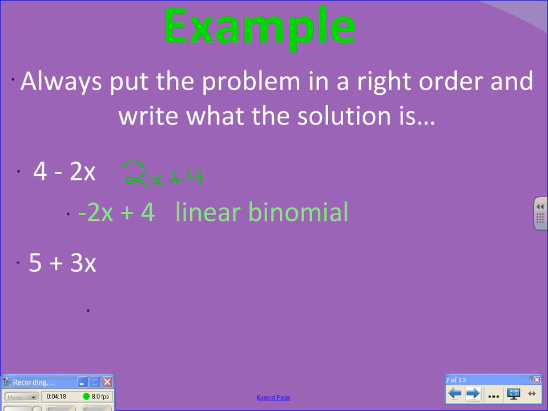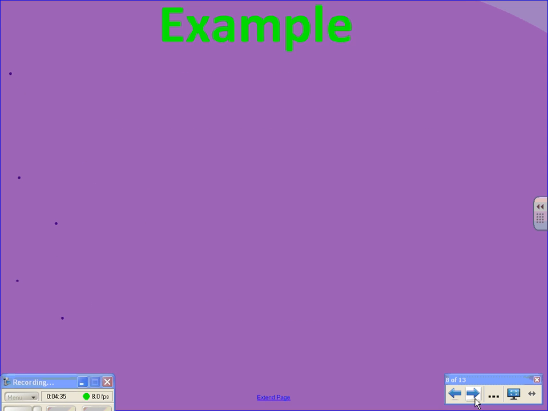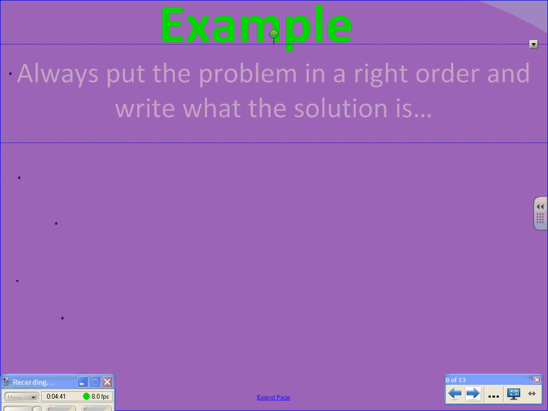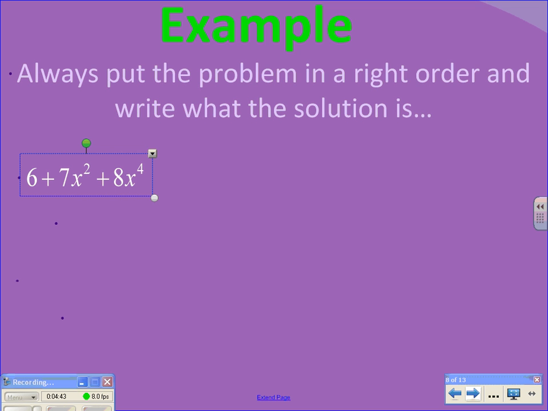Great thing is here: always put the term without the variable last. It'd be 3x plus 5, and it's the same thing as the first problem. This one, people get confused about how to put it in order.